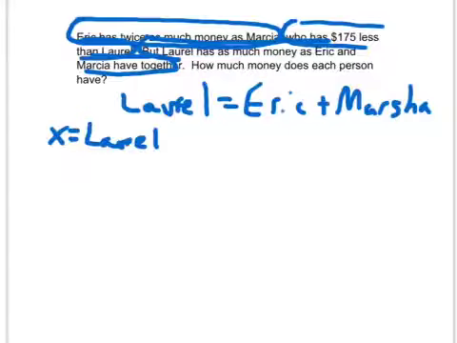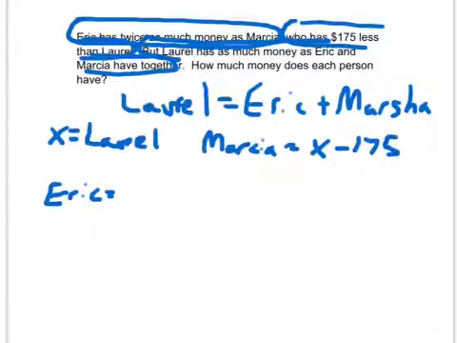So Laurel is X. Well, then we need to represent Marcia and Eric. It tells us right here that Marcia has 175 less than Laurel. So that's Laurel's money, which was X, minus 175. And then Eric has twice as much money as Marcia. So Eric has twice this amount. So Eric's got 2 times X minus 175.